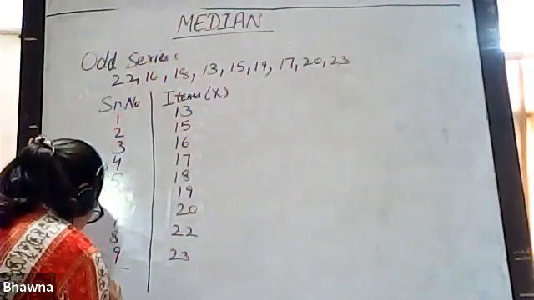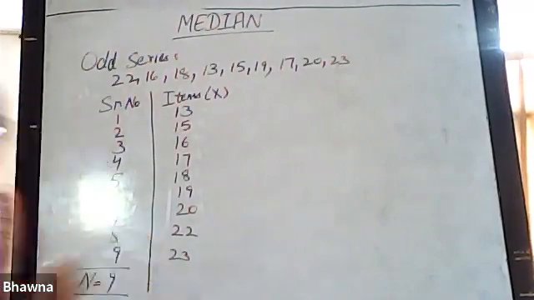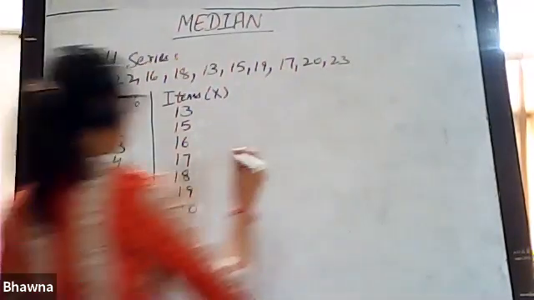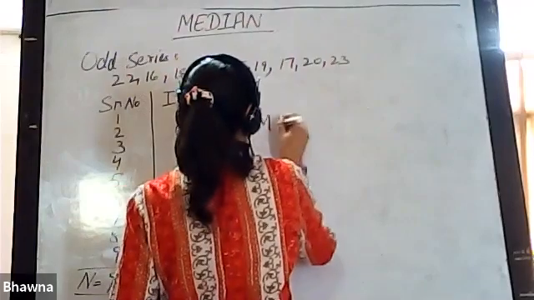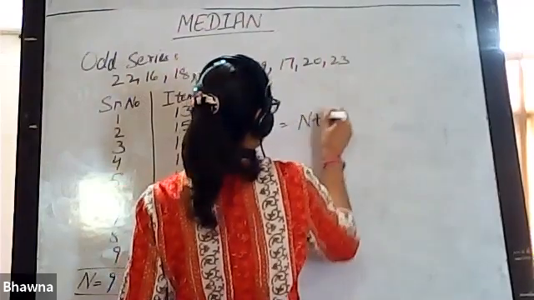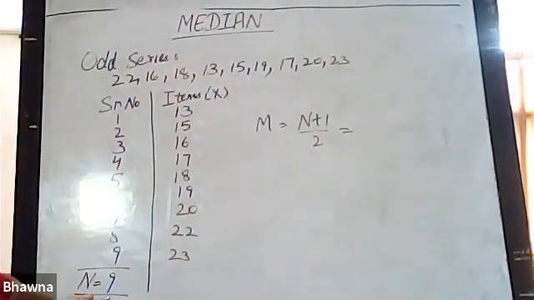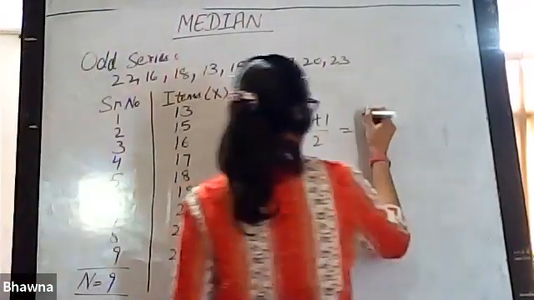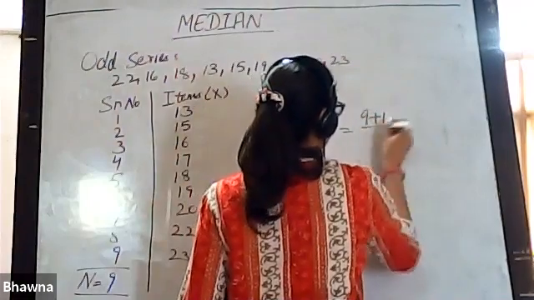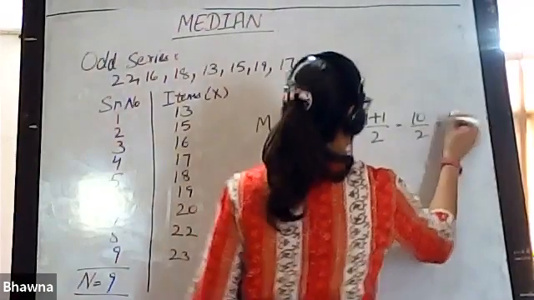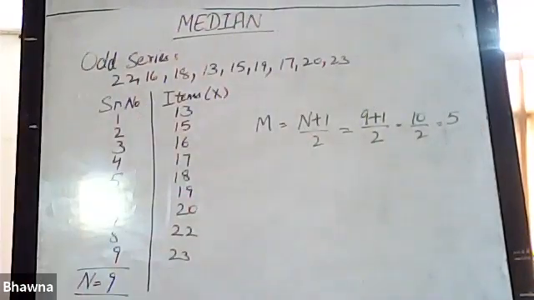After arranging the data, now we have to put the formula. The formula of M is equal to (N plus 1) divided by 2. N is here, N is equal to 9. 9 plus 1 divided by 2, 10 divided by 2 is equal to 5. Right?